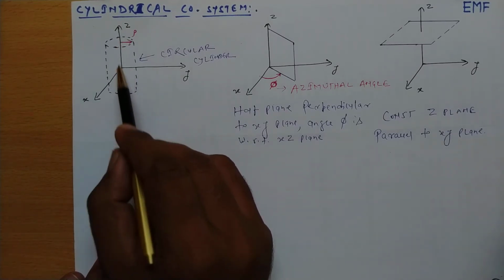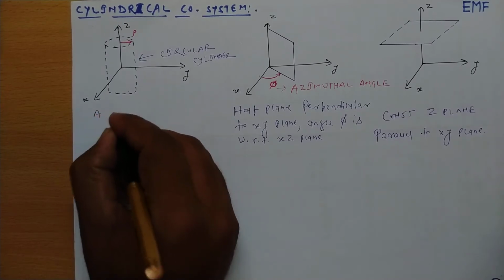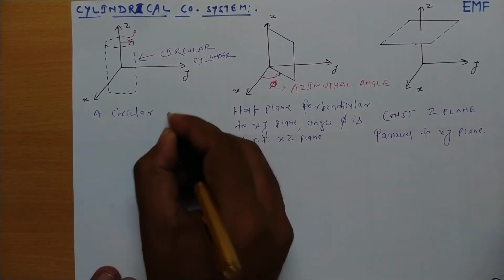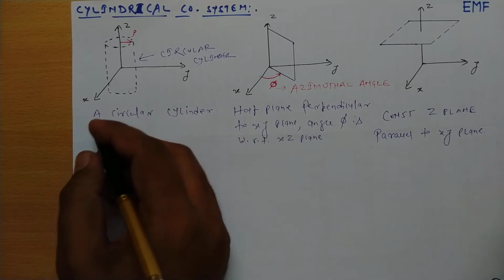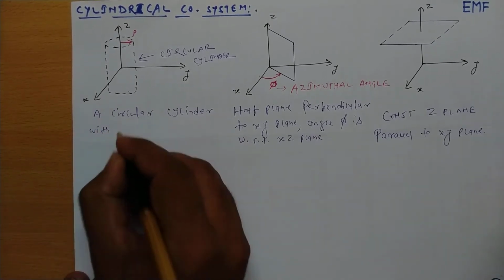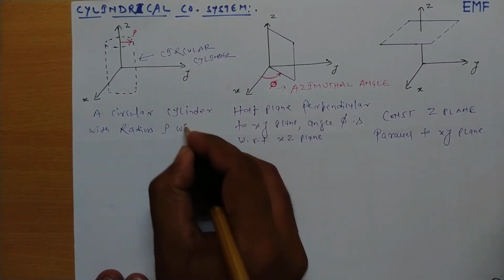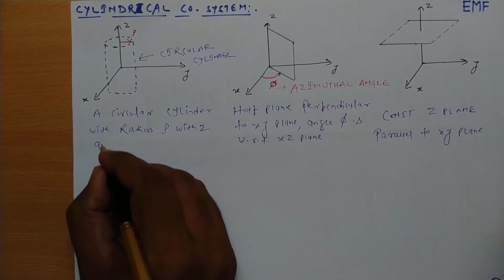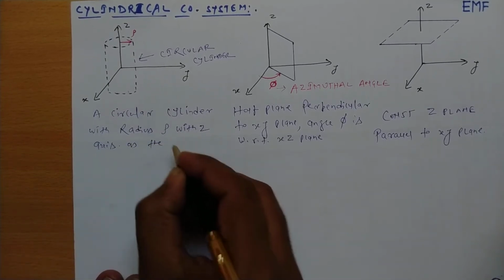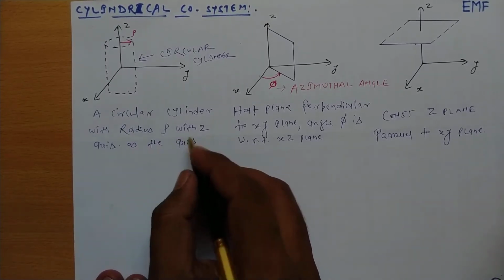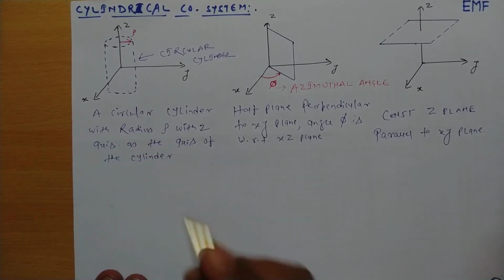We require a circular cylinder with radius rho, with the z-axis as the axis of the cylinder, right?